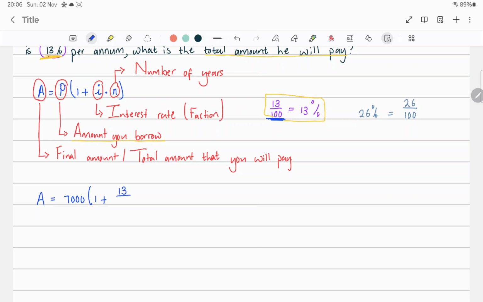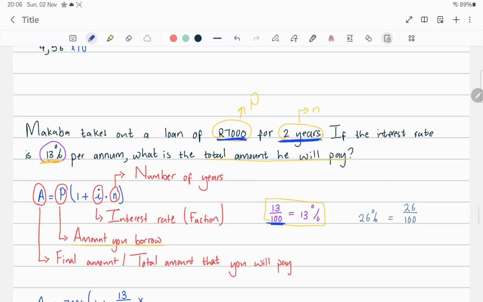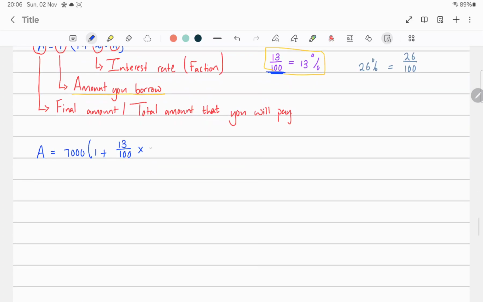The dot means times, so times the number of years. How many years did he borrow this for? He borrowed it for 2 years, so we put our 2.